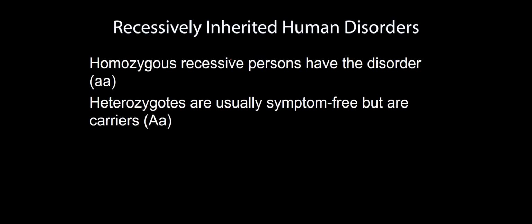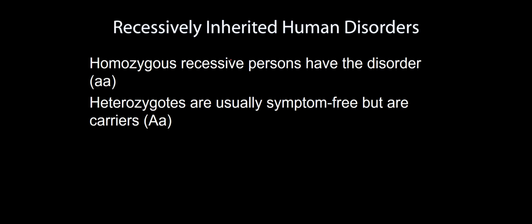So we're going to go over a few examples of some kinds of inherited disorders in humans that we find. Like Mendel's peas, we can see the same trends in some of these diseases. So for example, there are homozygous recessive diseases where the person would have the disorder if they have two of the recessive alleles inherited.